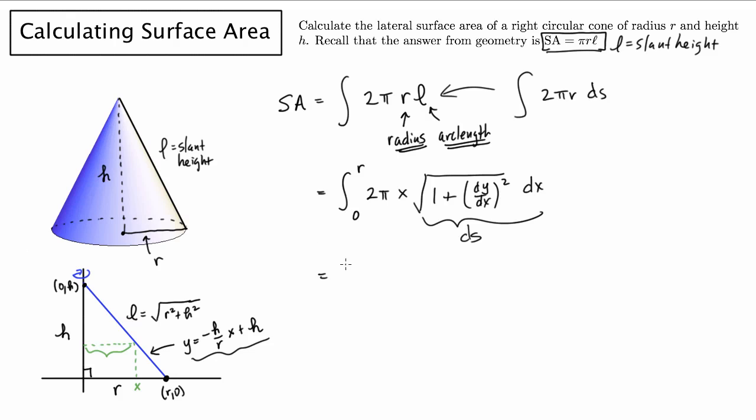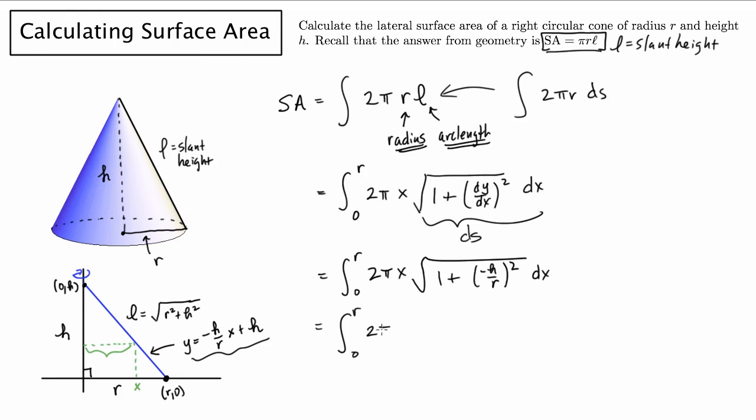Well, if I fill in the rest of the formula, this is the integral from 0 to r of 2 pi x times the square root of 1 plus (dy/dx)squared, and dy/dx is nothing more than the slope of this line, which is minus h over r, squared. Do a little bit more work on this.